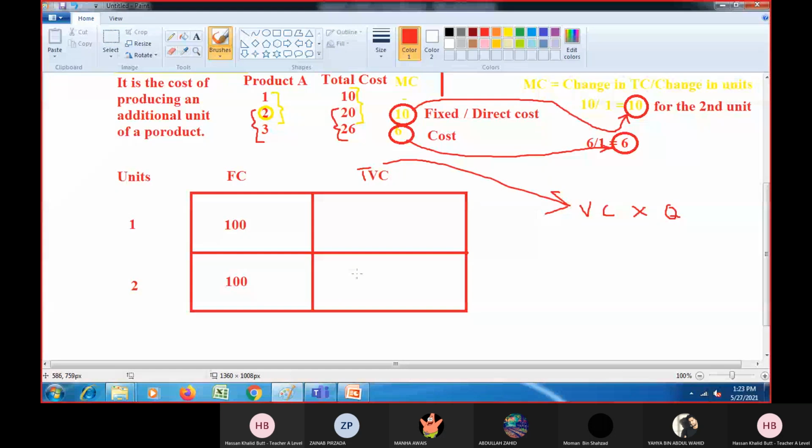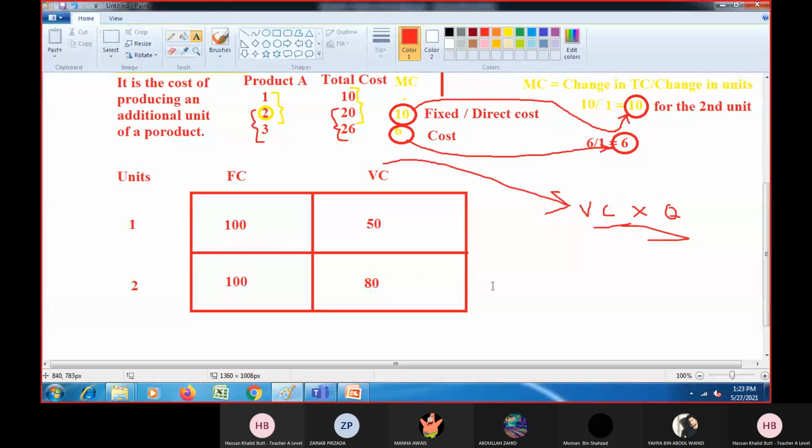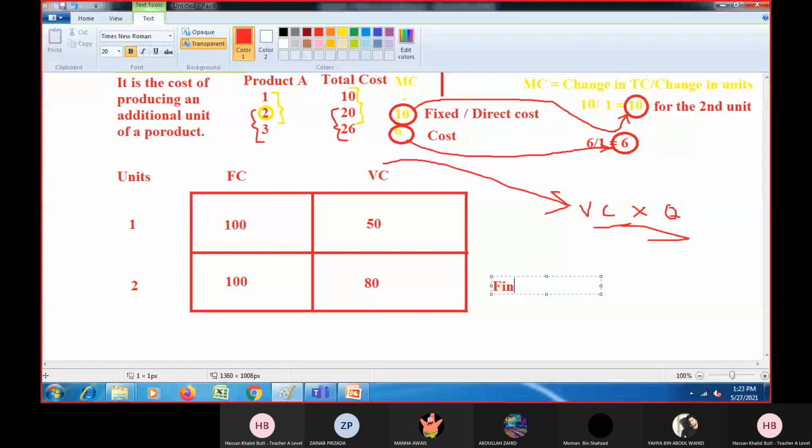So don't get confused. Now, let's say the total variable cost after using this formula is 50, then it goes to 80. Now they can ask you, for example, find out the average cost at 2 units.